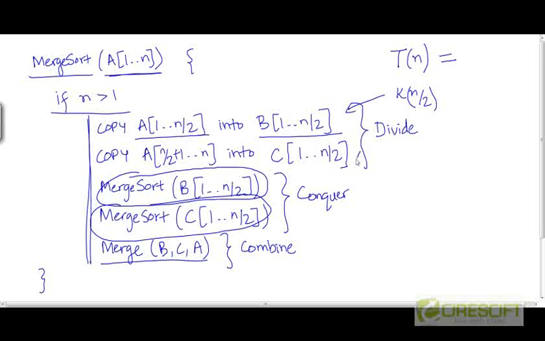This line is also going to take pretty much the same amount of time. And then when merge sort is invoked on arrays of half the original size, the time that the algorithm is going to take to run on these arrays is T of n by 2.